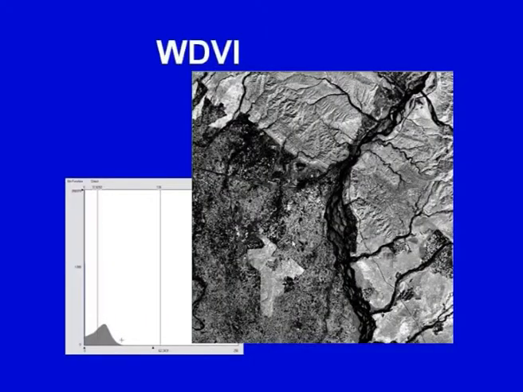In this particular image, we can see the information as depicted through WDVI, and what we can see is that the information of the soil has been minimized and is appearing in black color, whereas vegetation information is appearing in much brighter gray tones.